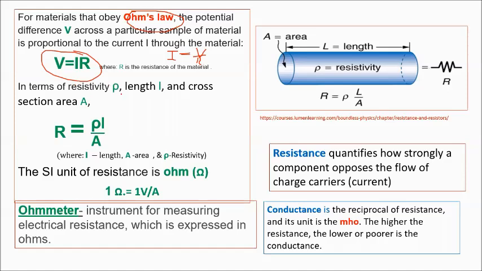Now, in terms of resistivity, length, and area, R can be solved in terms of rho L over area. From Ohm's law, we can solve for R. So R, therefore, from Ohm's law is simply V over I. You can also find resistance using the formula rho times L over area, where rho is resistivity.